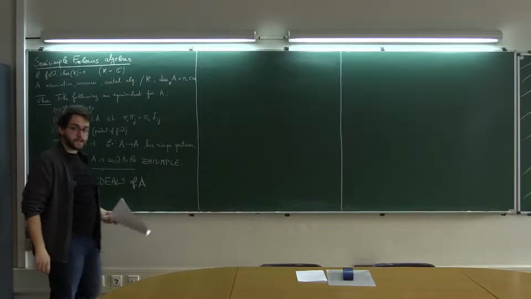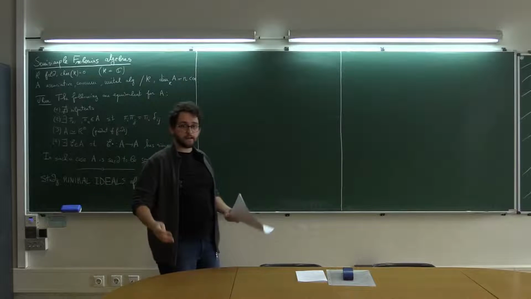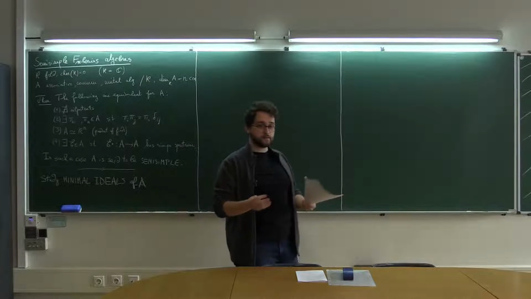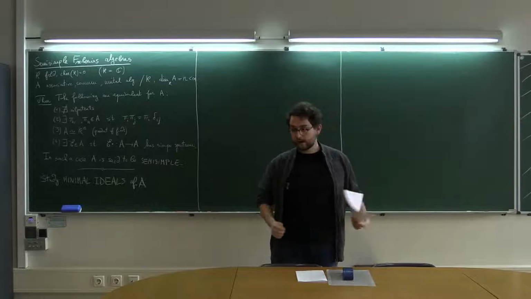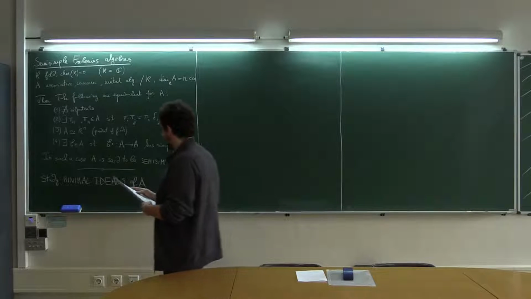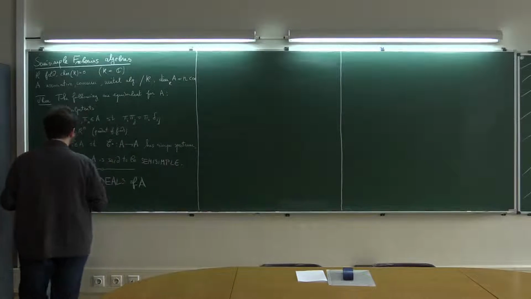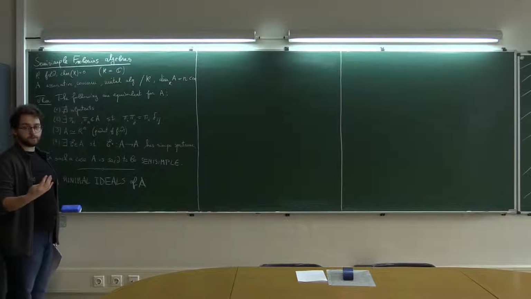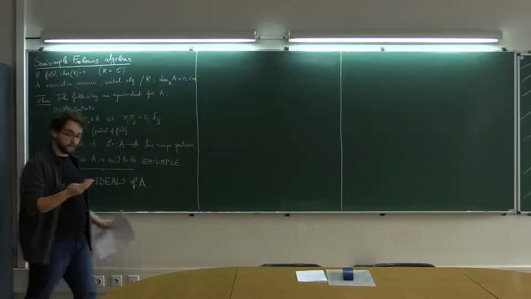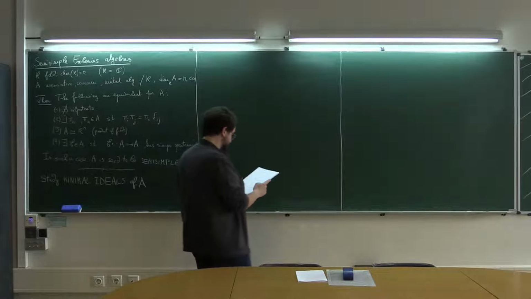What is a minimal ideal? It is an ideal which does not contain any other non-zero proper ideal. So, in other words, minimal ideals are minimal elements for the poset of ideals equipped with inclusion as an order relation.